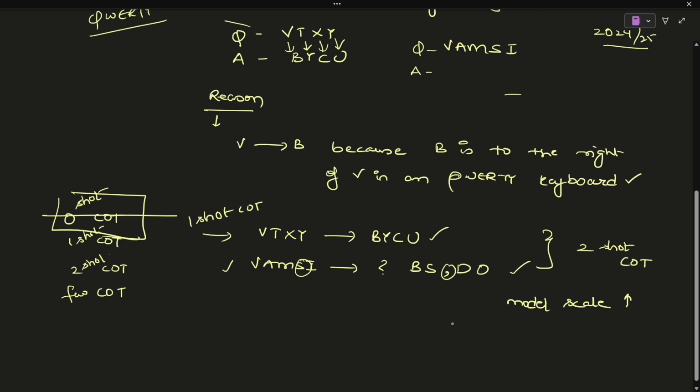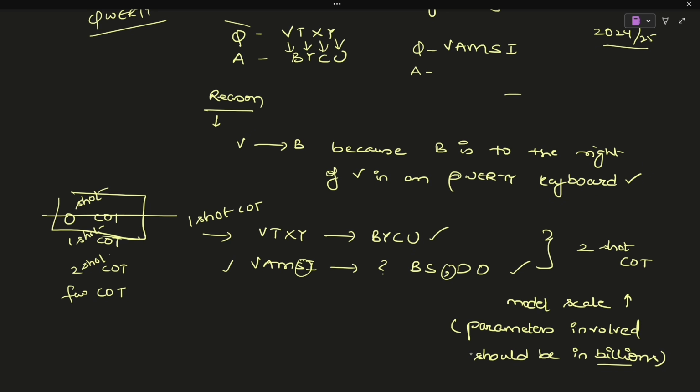When I say model scale, the parameters involved should be in obviously billions, but a higher number of billions, right? Got it? So obviously the number of parameters in today's LLMs are in billions, but the higher the number is, the higher the model scale is. And COT works well for high model scale models only.